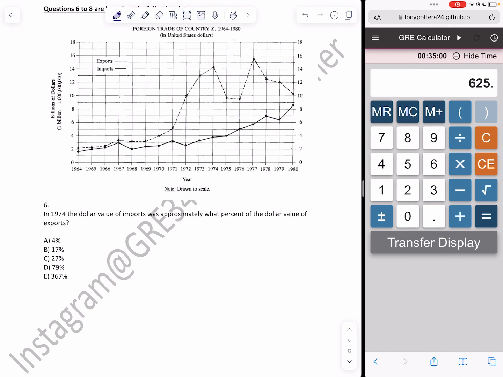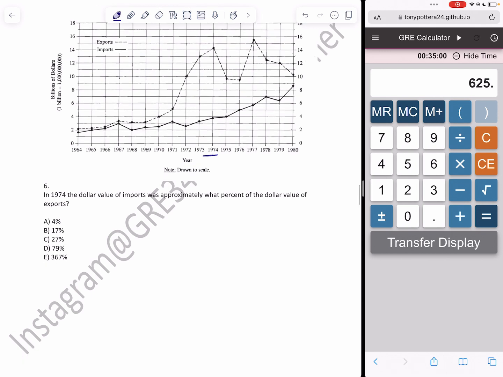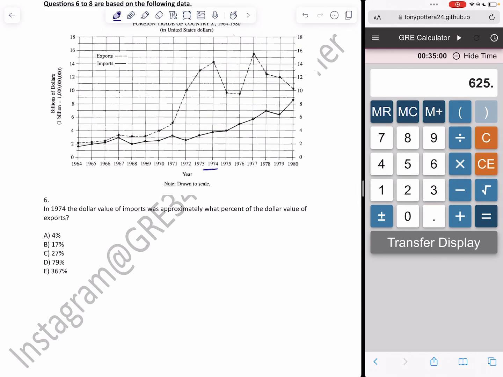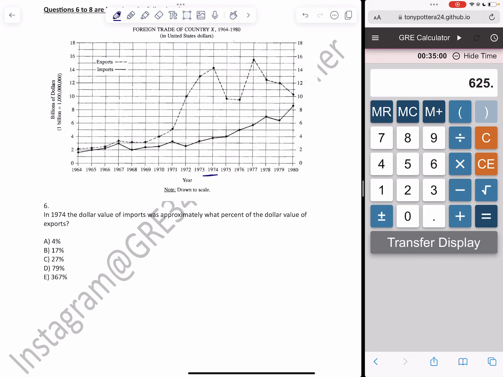So we're on data interpretation. In 1974, let me read the graph. Foreign trade of country X from 1964 to 1980, billions of dollars on the y-axis and year on the x-axis. In 1974, the dollar value of imports, the solid line, not the dotted line, was approximately what percent of the dollar value of exports?